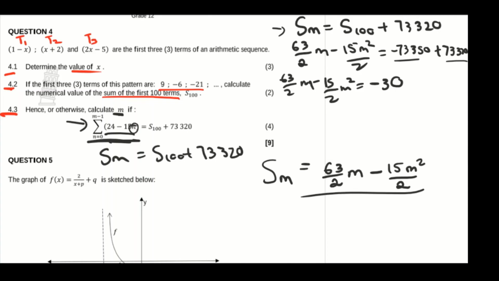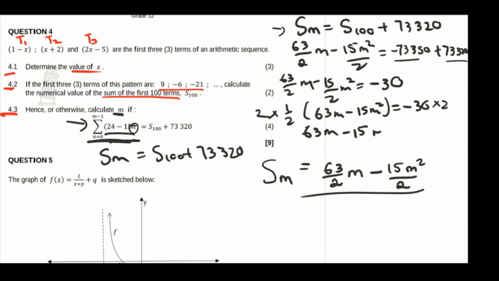So we're just going to have 1 over 2 into 63m minus 15m squared is equal to minus 30, right? And then I multiply by 2 on both sides, so I'm going to have 63m minus 15m squared is equal to minus 60, right?